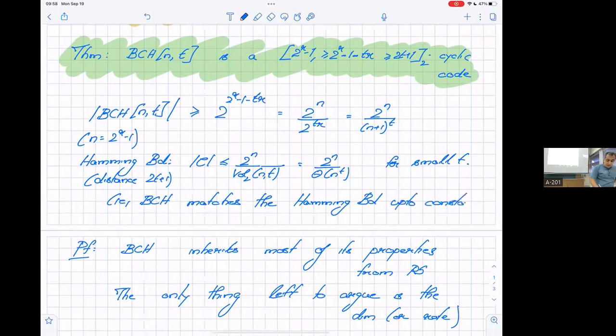In that sense, it's a really remarkable code. Is it the Gilbert-Varshamov bound or something? No, it's weaker than the Gilbert-Varshamov.